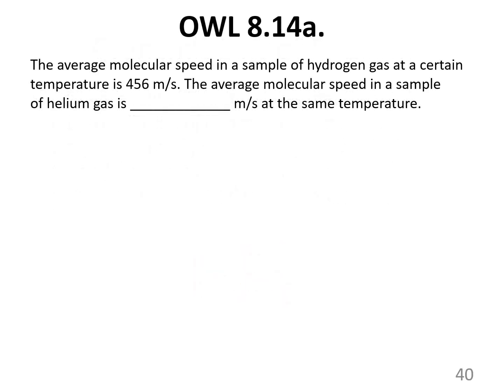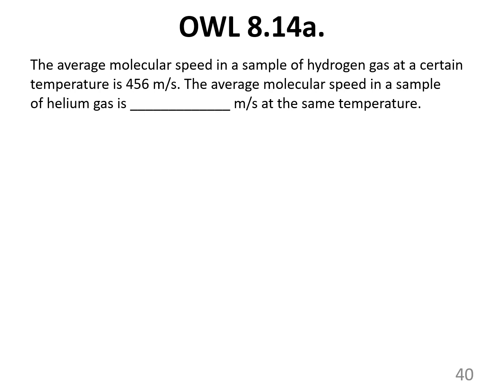Let's look at an example. We have in OWL 8.14, the average molecular speed in a sample of hydrogen gas. It just says certain temperature, so that's a clue that we don't need the full equation, we need the ratio. Also, we're going to see a second gas, another clue that we need the ratio. So we have the speed of the first gas, we want to calculate the speed of the second gas.